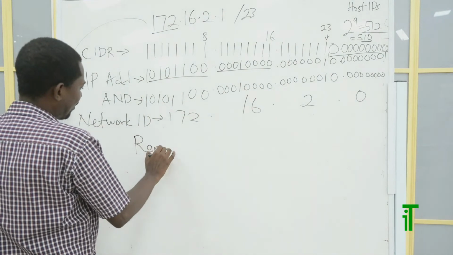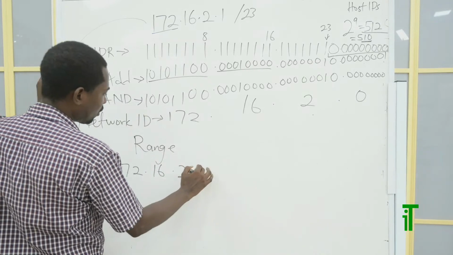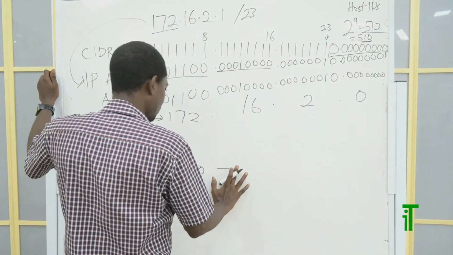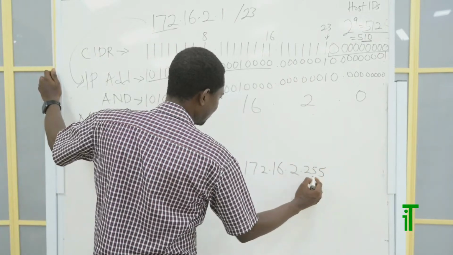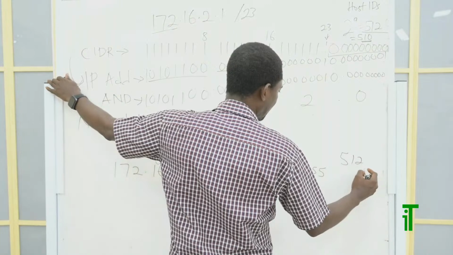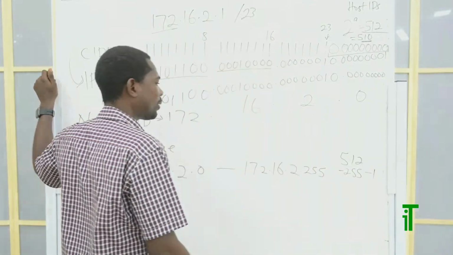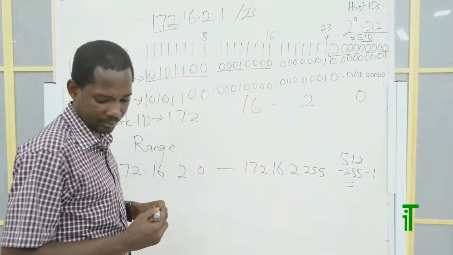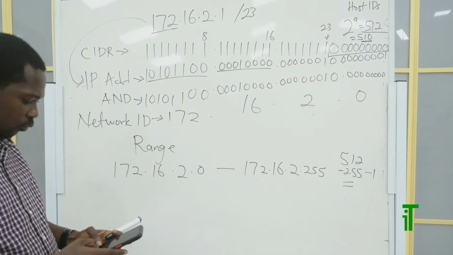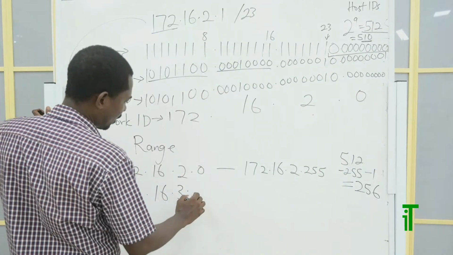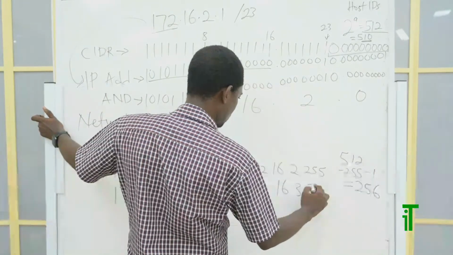The range on the network will be 172.16.2.0 to 172.16.3.255.